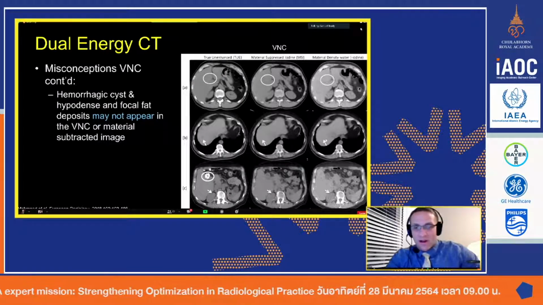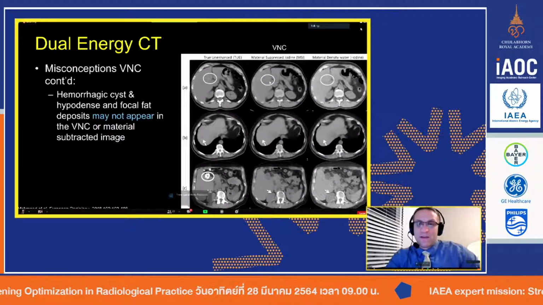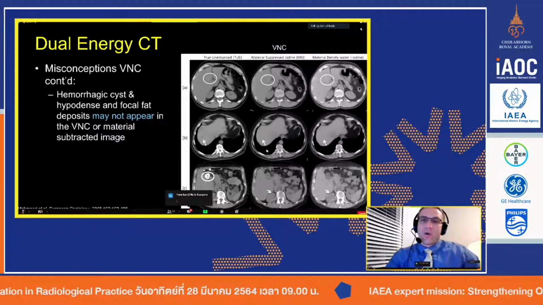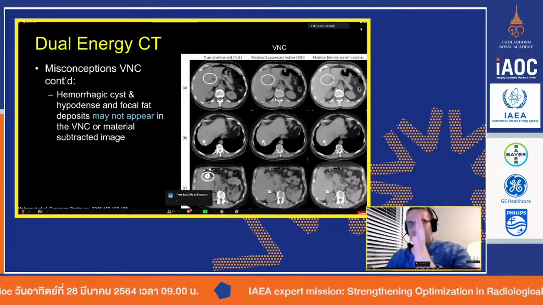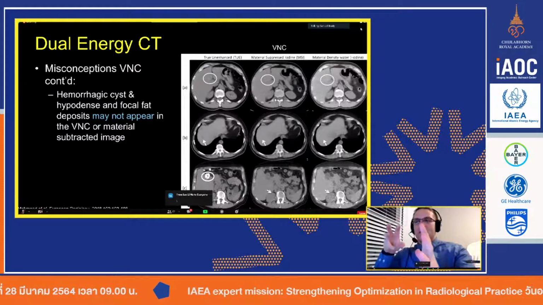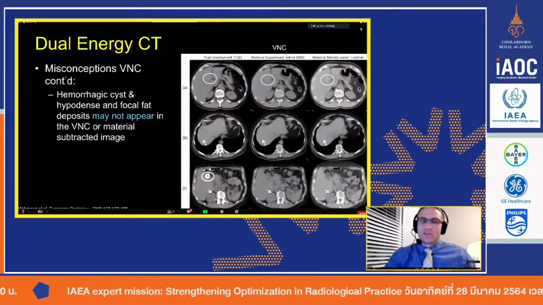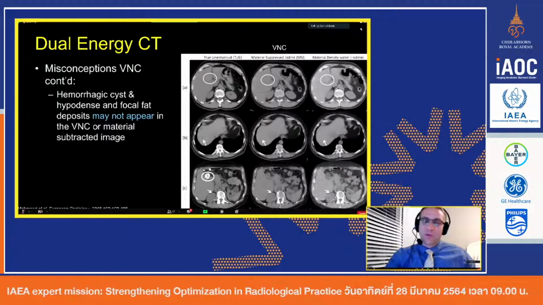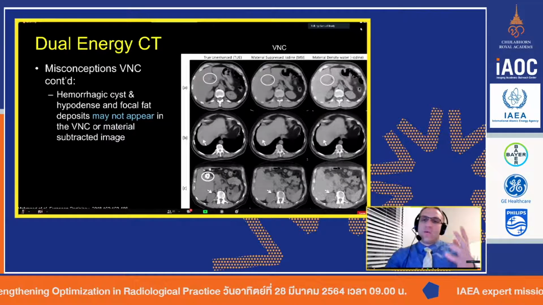It's maybe there, but maybe not. And then the focal fat is not present too. So it's not always perfectly true that you can just subtract. Like I said, when you subtract out the iodine, you're also fundamentally changing the way the image looks when you reconstruct it.